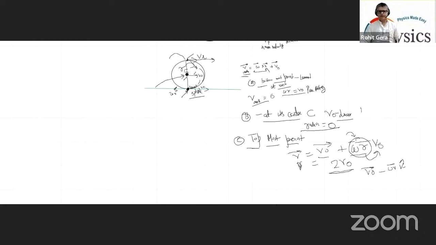The radius is like this, omega is inside. These two are perpendicular, and therefore the third side is perpendicular to both of them, which is i. So I can write v naught minus omega r into the vector i. This is my resultant velocity at the topmost point. I am putting omega r equal to v naught, so magnitude wise they're equal. So the net velocity at the highest point is the sum of the two velocities, which is 2v naught. You can just add it.